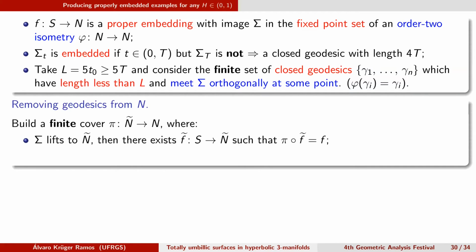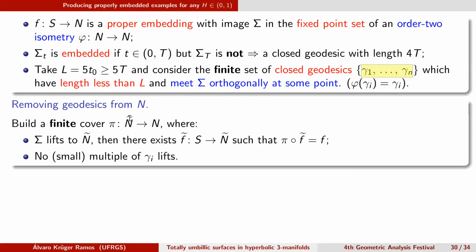Obviously, we cannot just remove a geodesic from a manifold, but the idea here is to build a finite cover from a different manifold to your original manifold, such that the totally geodesic surface lifts, and so you have another embedding into N tilde, and no small multiple of gamma I of all these geodesics lifts.